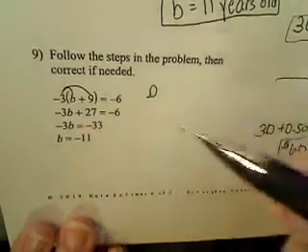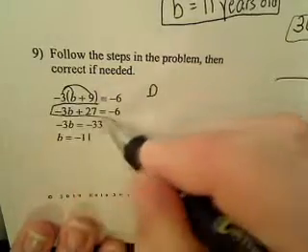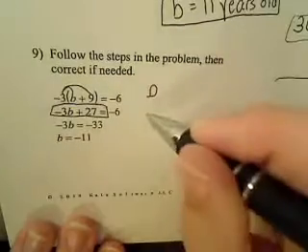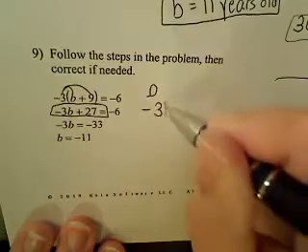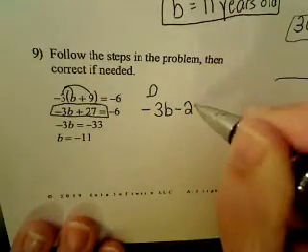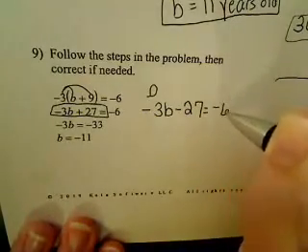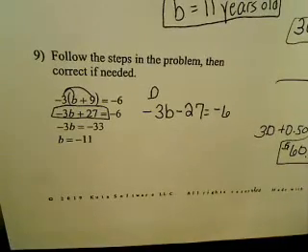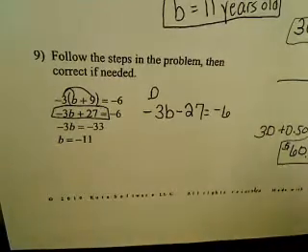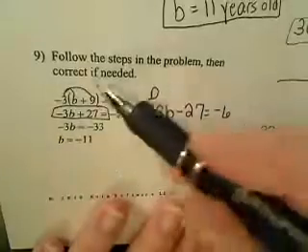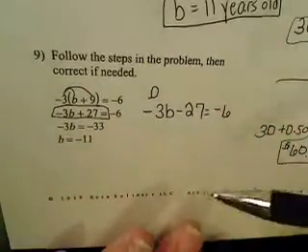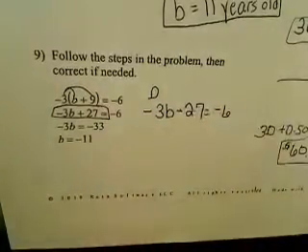So right here is the mistake. So this should be a negative 3b minus 27 equals a negative 6. From there, you could solve the problem. So that would be the correction.